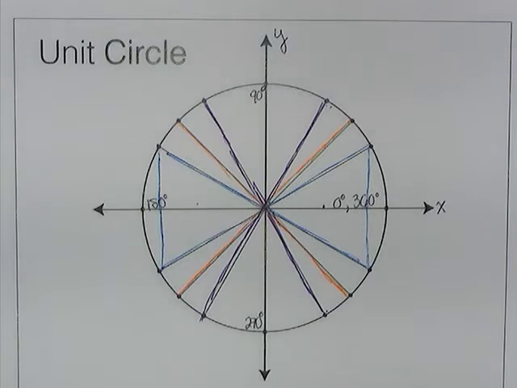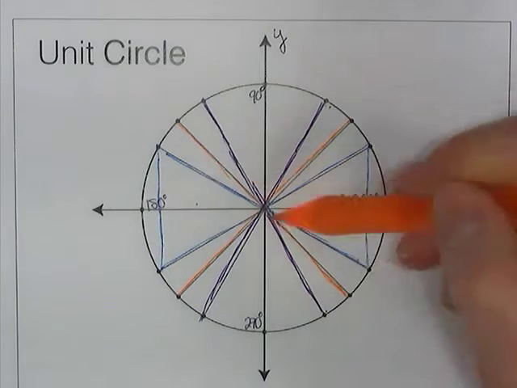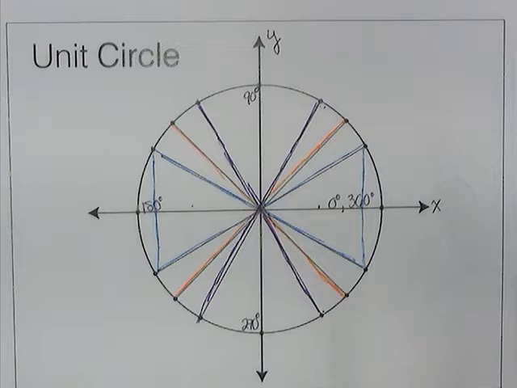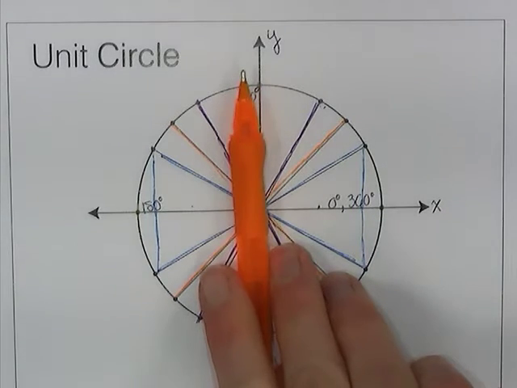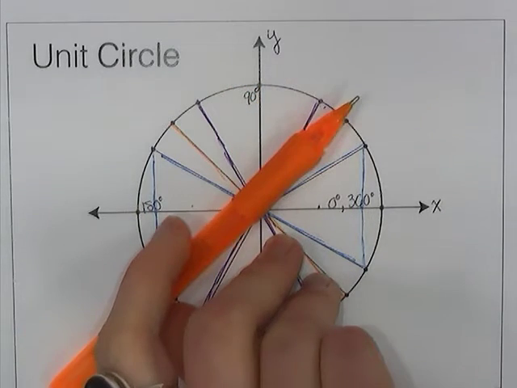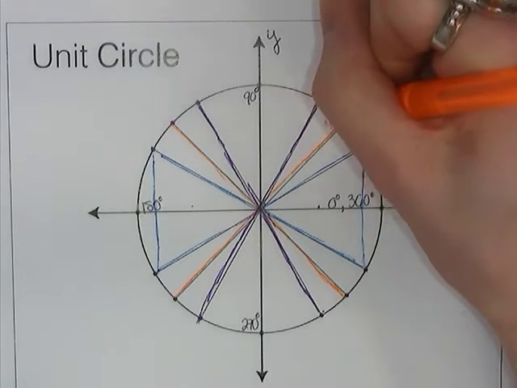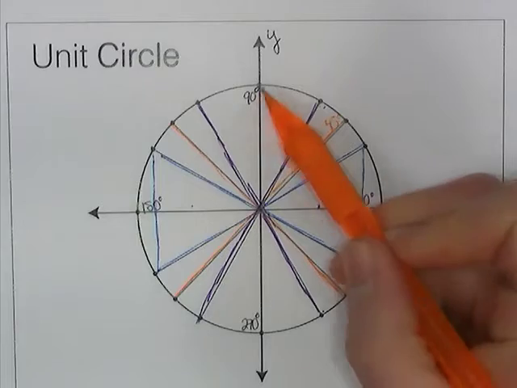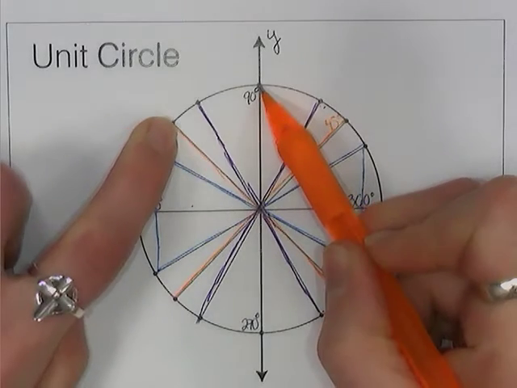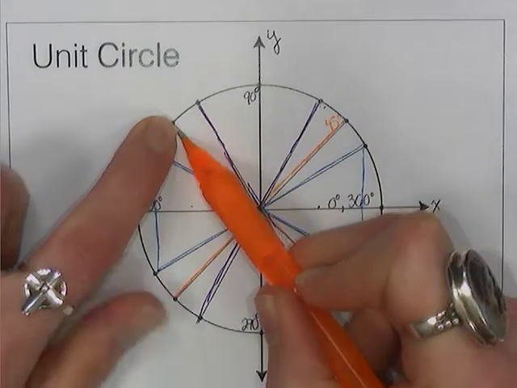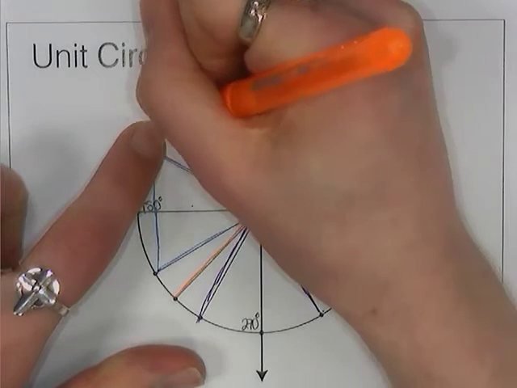All right, let's now look at these orange angles. If this is 90, this orange is halfway to 90. That's going to be a 45-degree angle. From 90 to here, I'm adding 45 degrees, so that's going to be 135 degrees.